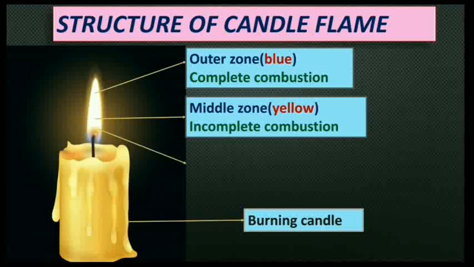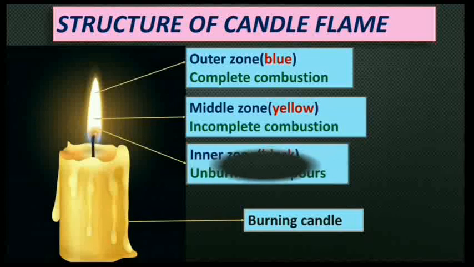Next is the innermost zone. It is black in color or very dark in color. Here, unburned wax vapors are present. It is the least hot zone of this flame. So, a flame is divided in three parts: outer zone, middle zone, inner zone.